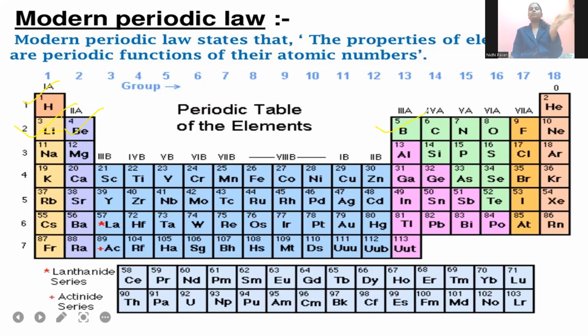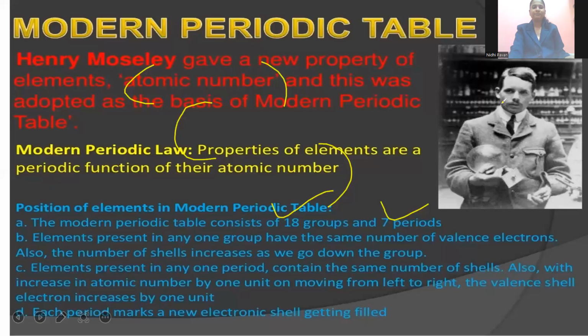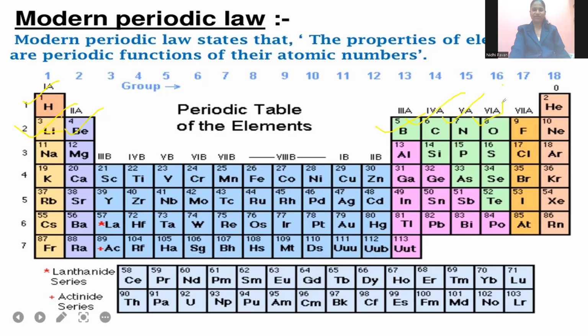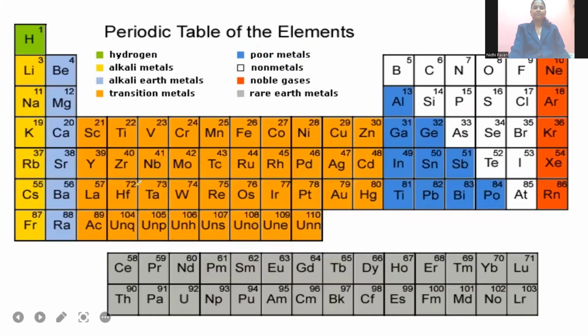So moving from left to right, the atomic number increases by 1 unit, and the valence electron also increases by 1 along the periods. Next, each period marks a new electronic shell getting filled. So this is the modern periodic table.